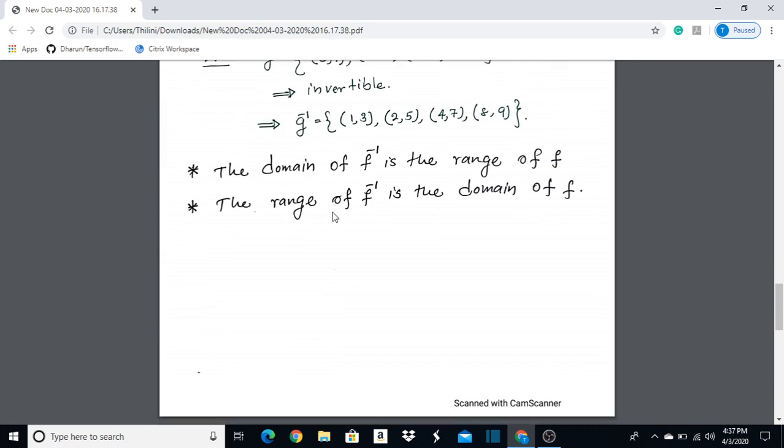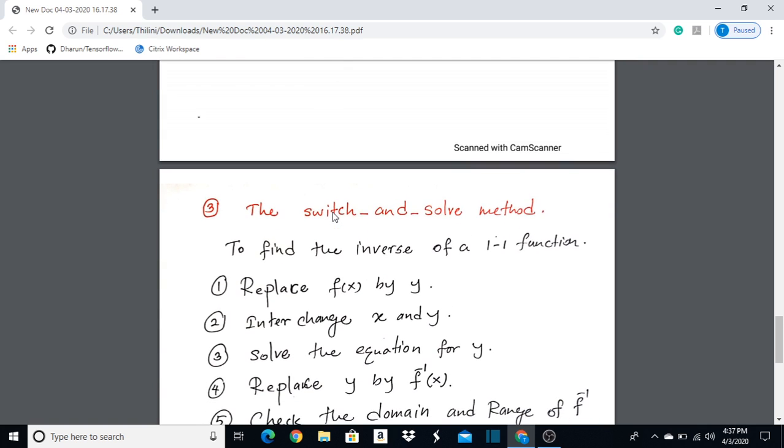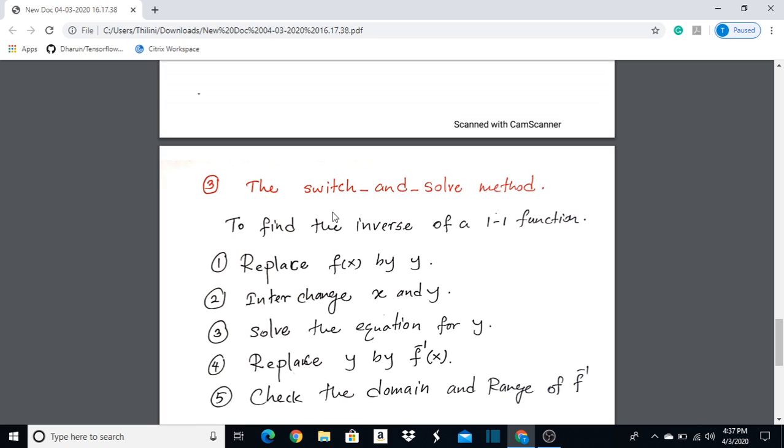So now, how do we find the inverse function? That's the next problem. To find the inverse function for a given function, we use the method called the switch and solve method. It is a step-by-step process.